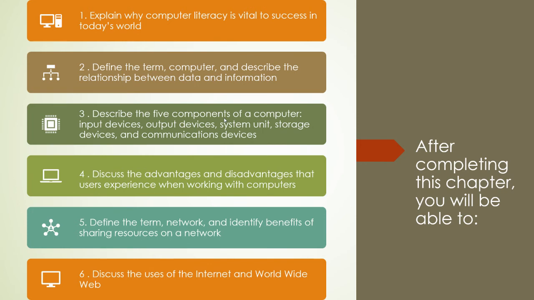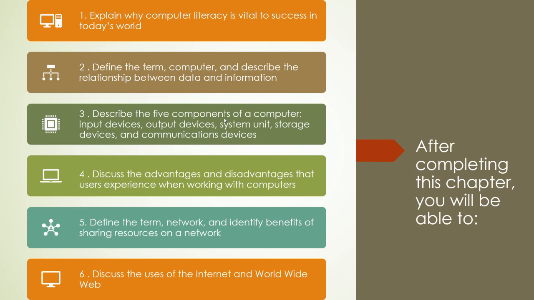Number three, describe the five components of a computer. Those are the input devices, the output devices, system unit, storage devices, and communication devices. And hopefully, you are able to differentiate the differences of these terms. Also, you'll be able to discuss the advantages and disadvantages that users experience when working with computers.